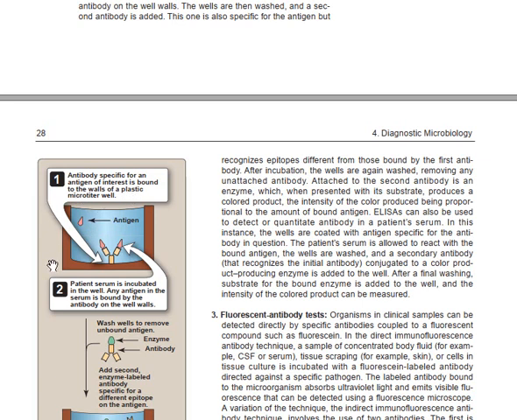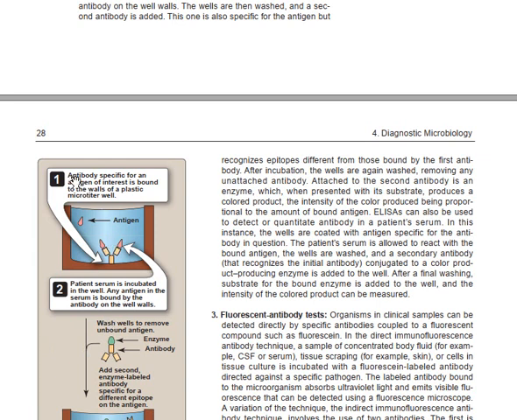So we want to visualize a certain antigen. For the first case, complement fixation was used to visualize antibodies. Is it clear? But now you are trying to visualize the antigen. So when you want to visualize antigen, you are going to use the ELISA, enzyme-linked immunosorbent assay.